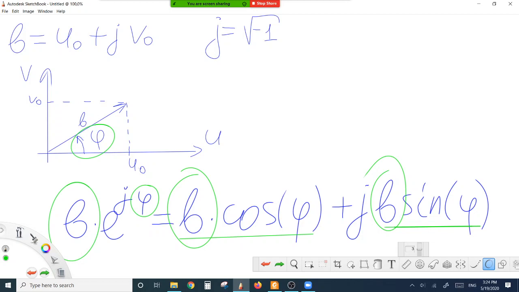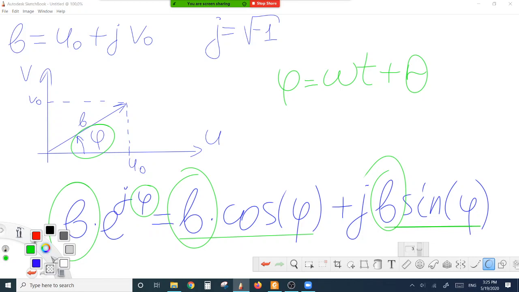And also the angle phi can be written as omega t plus theta, where omega is the angular frequency, t is time, and theta is the initial phase angle.